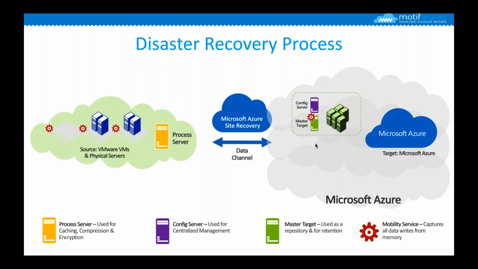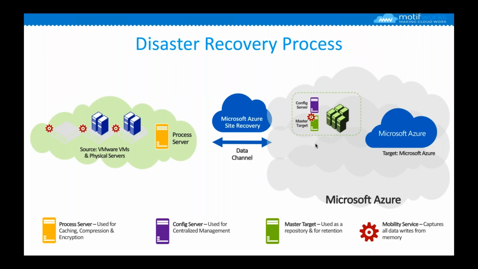installed within your premise, then you need to install some additional servers, and you need to do some additional configuration. So if you look at this diagram on the left side, where the cloud is green, there is something called a process server.